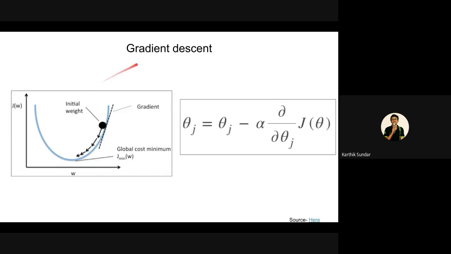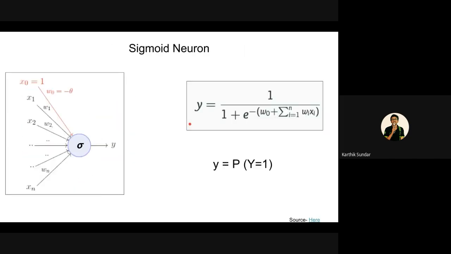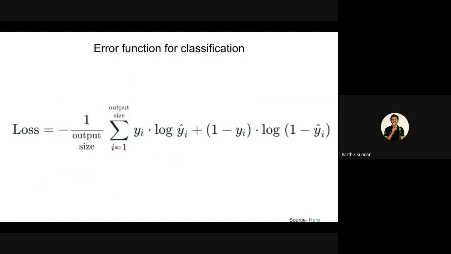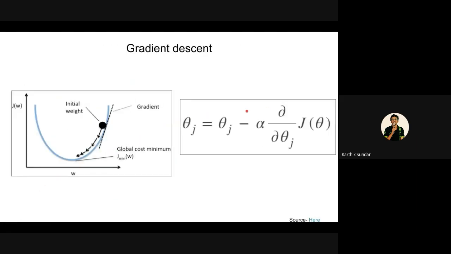And the algorithm we use to find these optimal weights is called gradient descent. Here theta represents W, like we had W1, W2. The other convention is to write W as theta. So in gradient descent, we assume an initial value for the weight, and we do this particular algorithm.